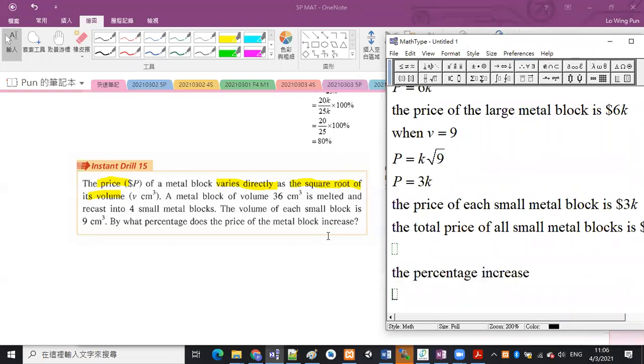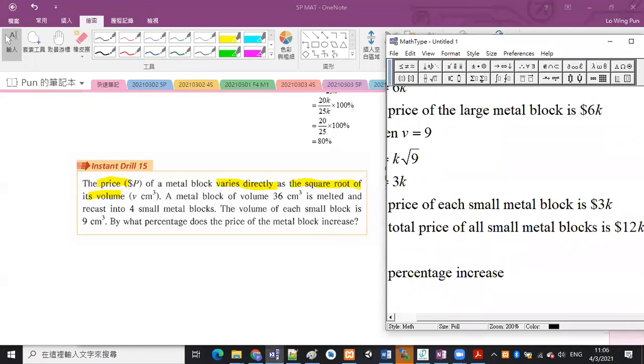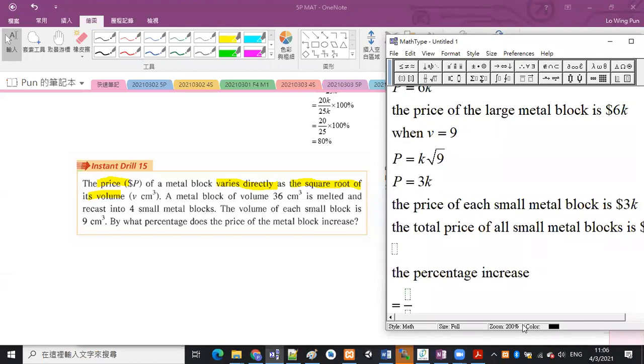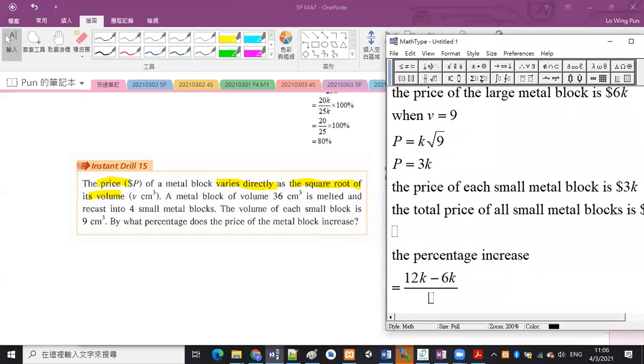The percentage increase is equal to 咁都係啦。我哋今次知道咗佢係 increase 嘅話咧，我哋就用大減細，然之後除舊乘100%。Okay, large minus small, and then divided by old times 100%。一個係6K， 一個係12K， 邊個大啲啊？咁嘅12K 啦。So 12K minus 6K, and then divided by the old value.